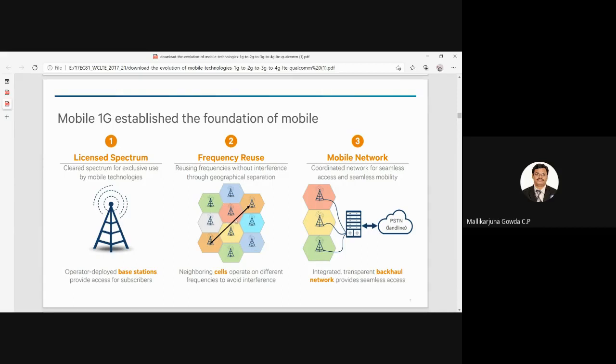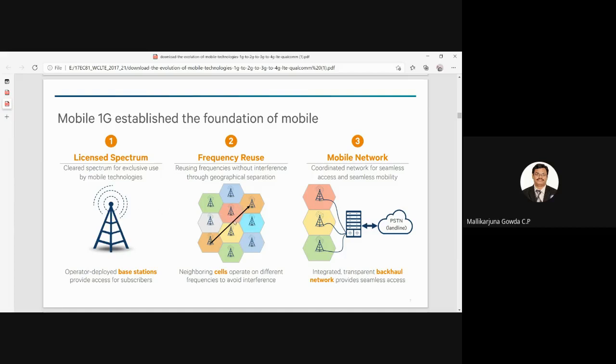As I said, the spectrum is very limited in nature. It is like land. You know how valuable land is, right? You will not get it just like that. It is very costly. In the same way, the spectrum is a very scarce resource, and it is not freely available to use anywhere.